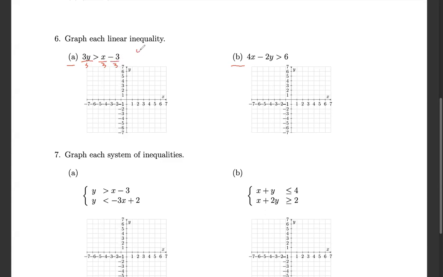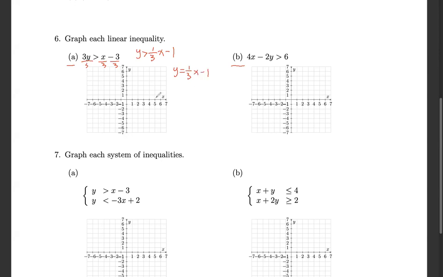When we do that, we get y greater than, well, x divided by 3 is 1/3 of x. Okay? Then minus 3 divided by 3, which is 1. So first we want to graph y equals 1/3 of x minus 1.